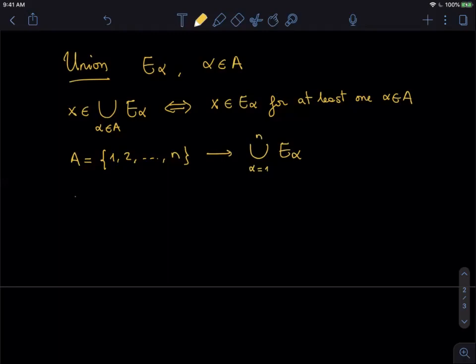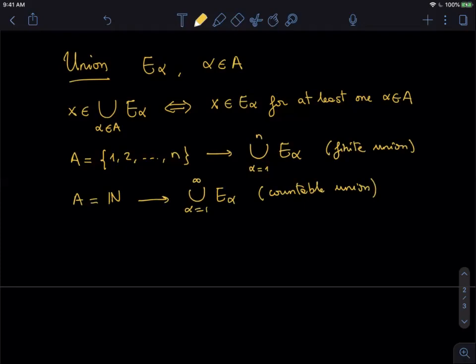And if A is all the natural numbers, then we will write from alpha equal 1 to infinity of E alpha. The first one is a finite union, and the second one is a countable union.